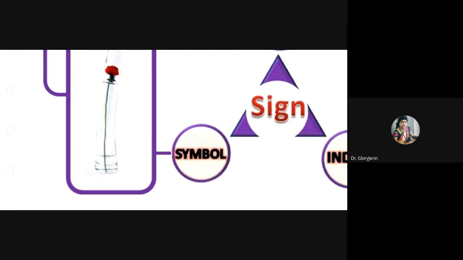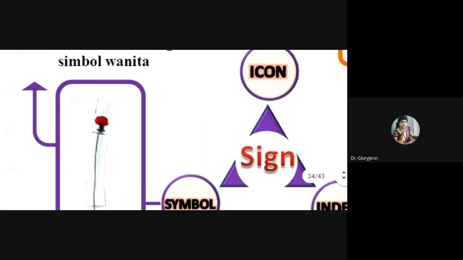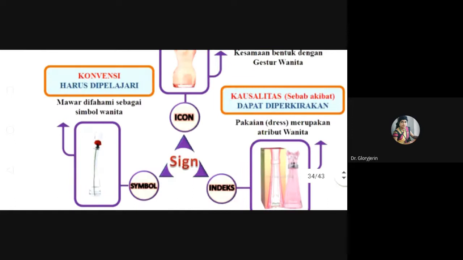We can see the symbolization in rose flowers: those flowers are identified with women, and that is symbolic. We conventionally understand the relation with the femininity of women. That symbolic sign makes those convention agreements, conventionally understood. This is the difference between iconic sign and symbolic sign, and we can see it in the perfume bottle.